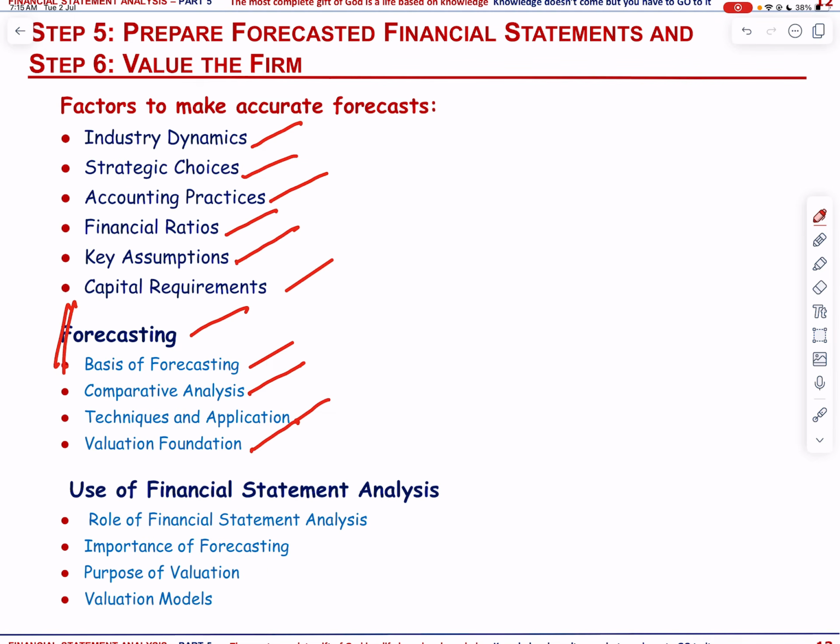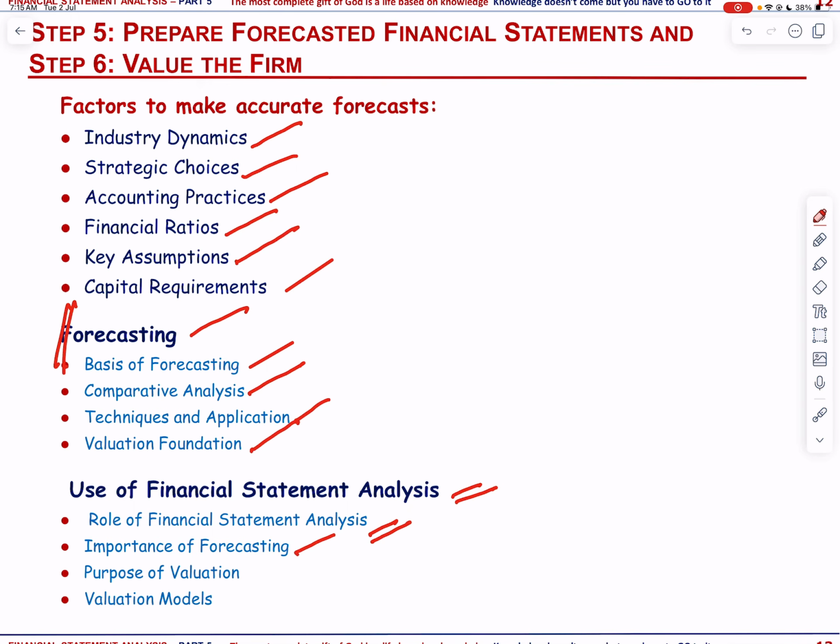Now, financial statement analysis is primarily used by capital market participants to value the firms. The steps leading up to valuation culminate in the creation of a valuation model. The key point includes role of financial statement analysis. It serves as the foundation for valuing firms in capital markets.